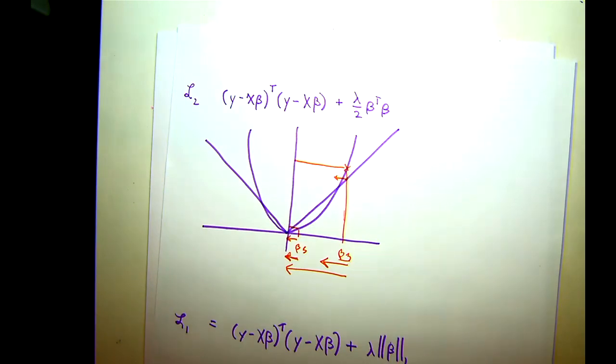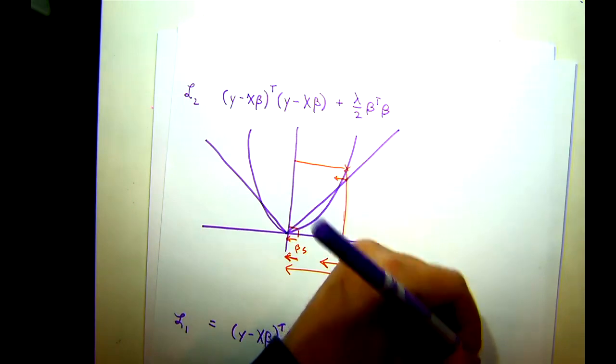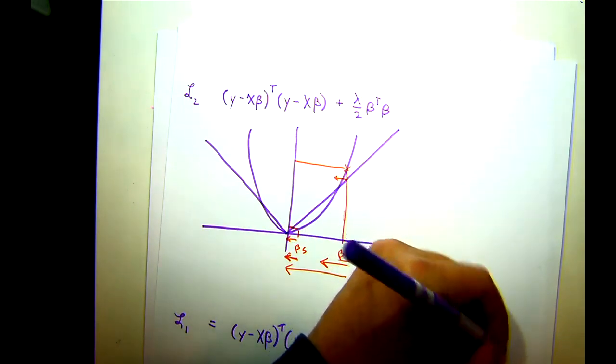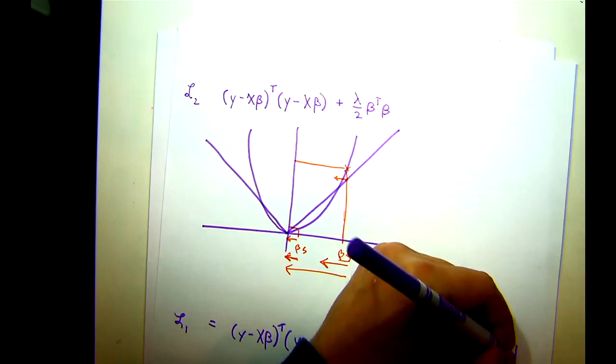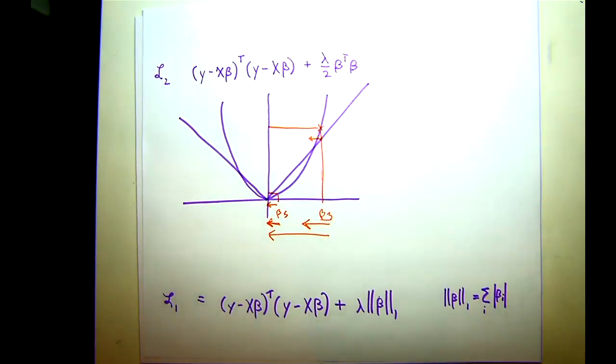And that L1 error is just the sum of the absolute values of the individual betas. So if you add up all of the weights of beta, that's the L1.